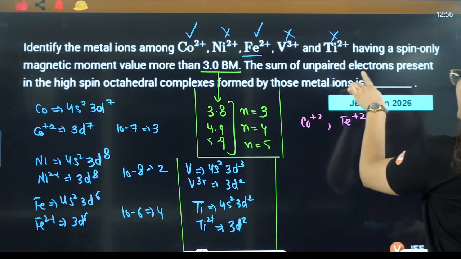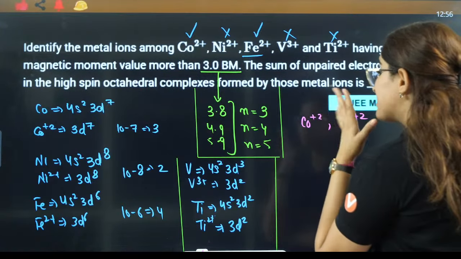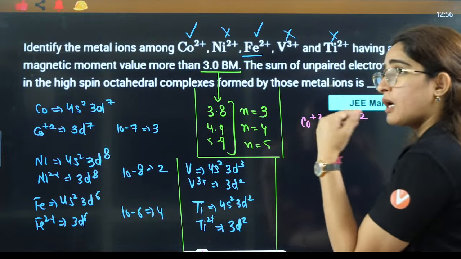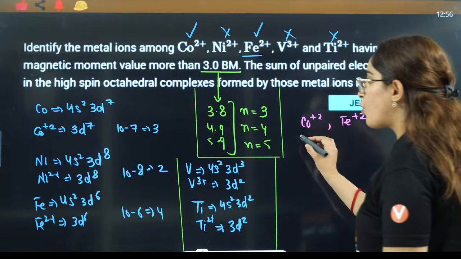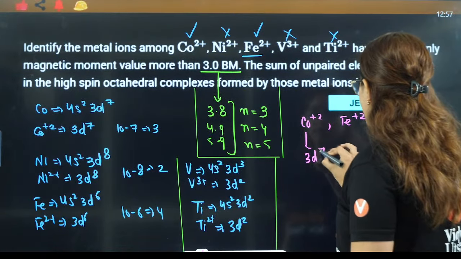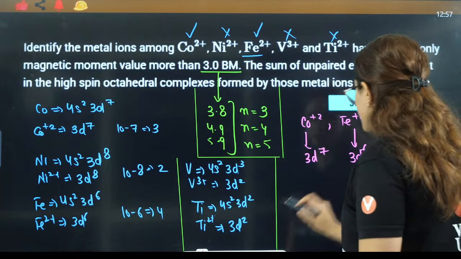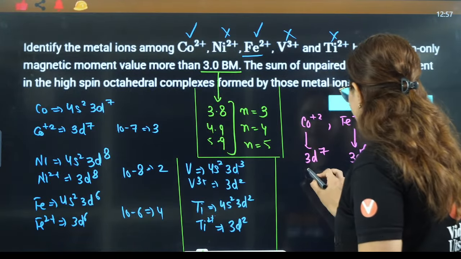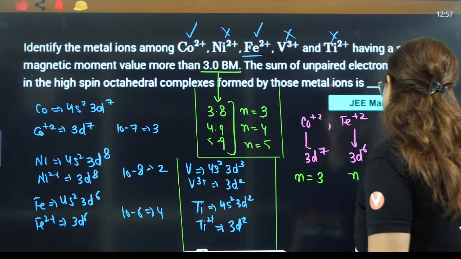Now, the sum of unpaired electrons present in the high spin complexes, that means when there is no pairing. So you have cobalt. How many electrons are there in cobalt? 3d7. Here you have Fe2 positive, which is 3d6. So the number of unpaired electrons here is 3.